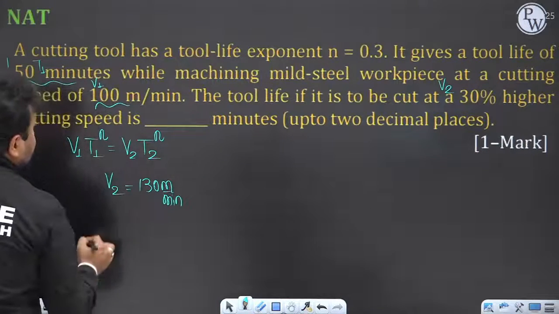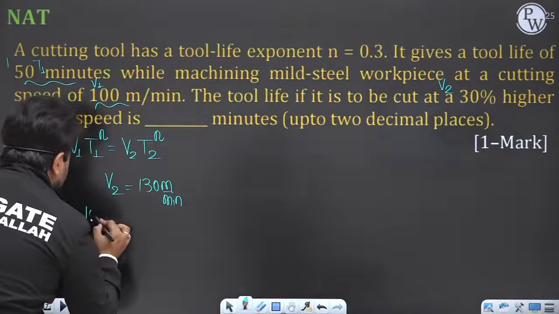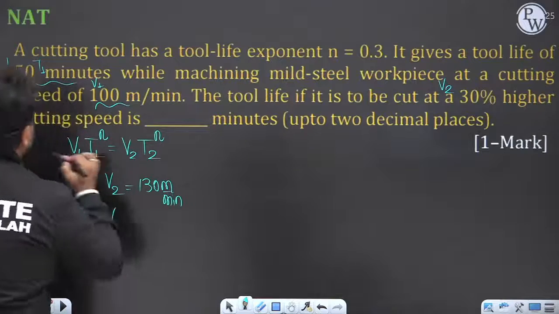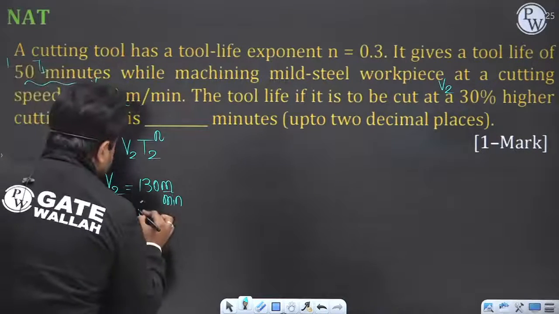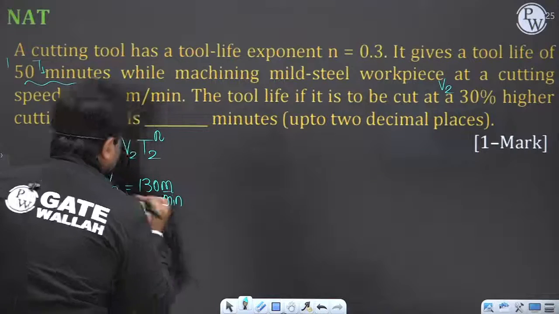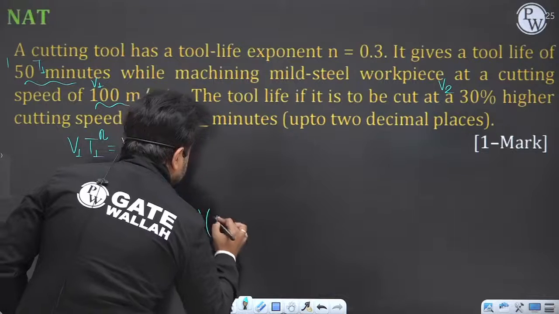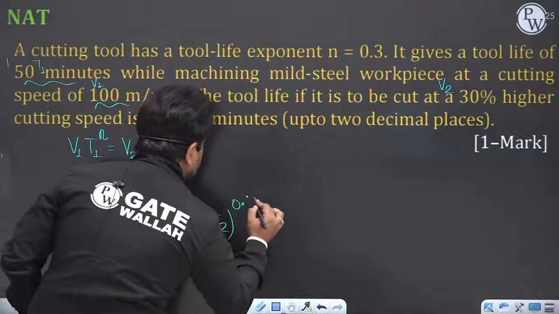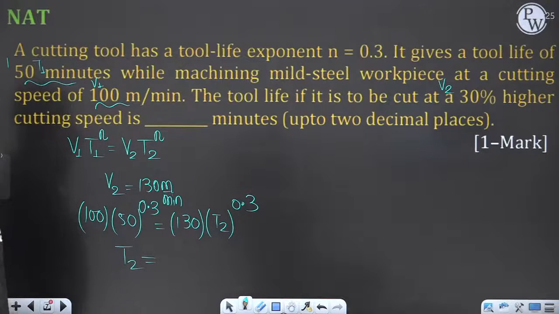So V1 T1 to the power n, that is 100 into 50 to the power 0.3 equal to V2 T2 to the power 0.3. So here you will get the value of T2.